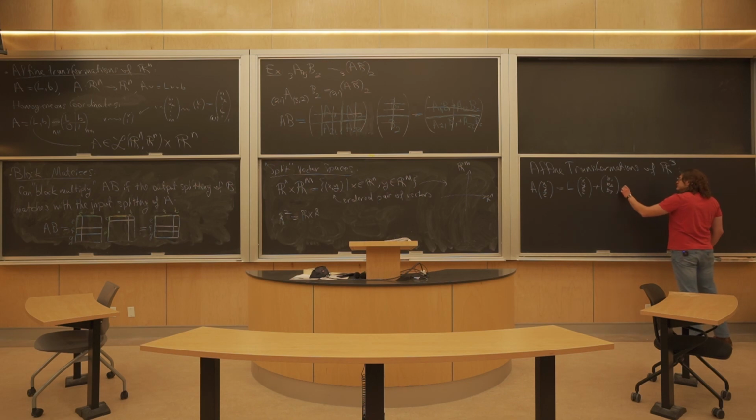Storing this in homogeneous coordinates, we have this, right? A equals [L, B; 0, 1] in block matrix notation, which really means this.